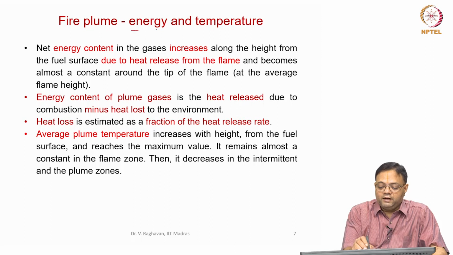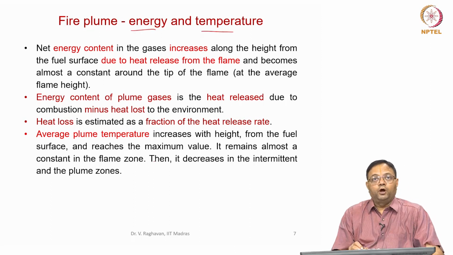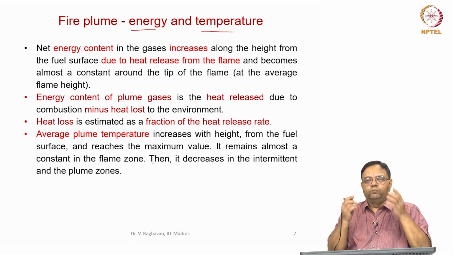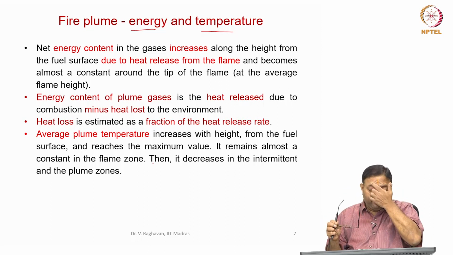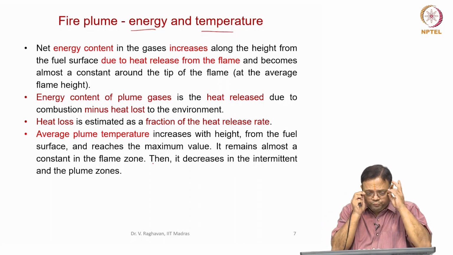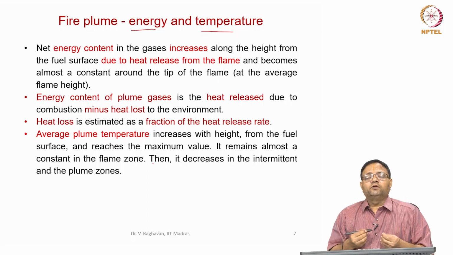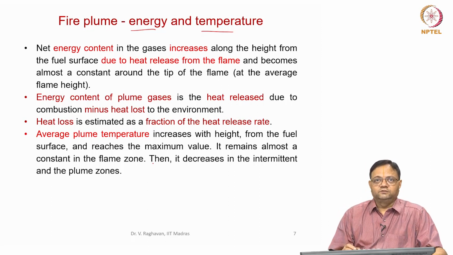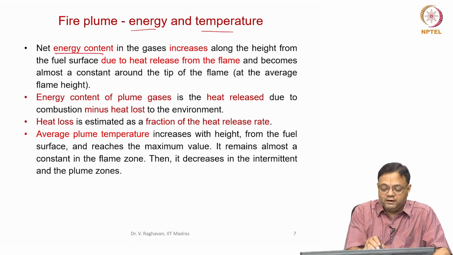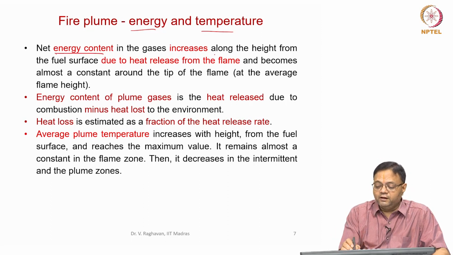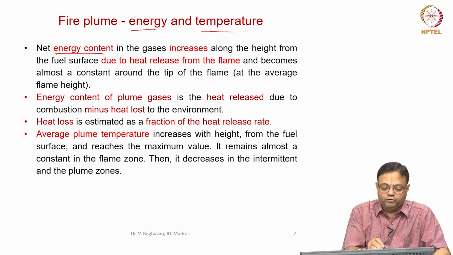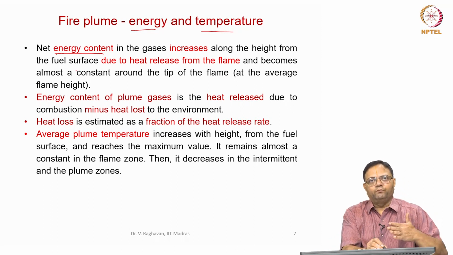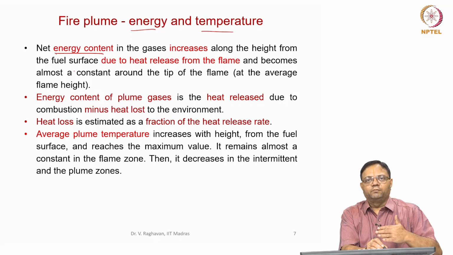Fire plume energy and temperature. Now, when I say plume, we are above the intermittent zone. The energy for this plume comes from the chemical reactions, correct. So, the net energy content in the gases increases along the height from the fuel surface, where there is no reaction taking place.